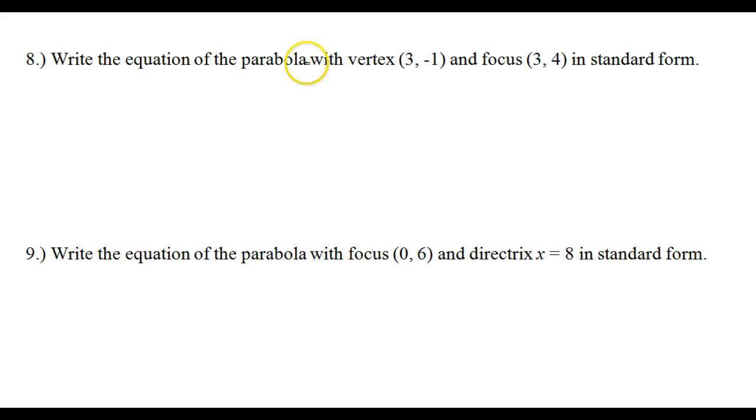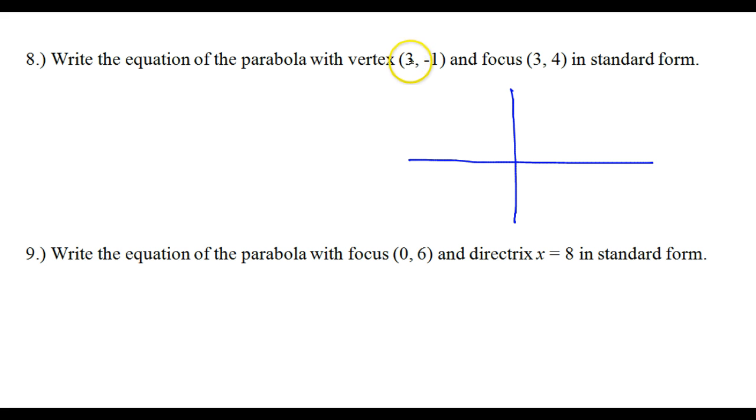We need the equation of a parabola with this vertex and this focus. Well, let's not start with the vertex. We need to decide if this parabola is facing up, down, left, or right. So, let's do a quick sketch of some kind.